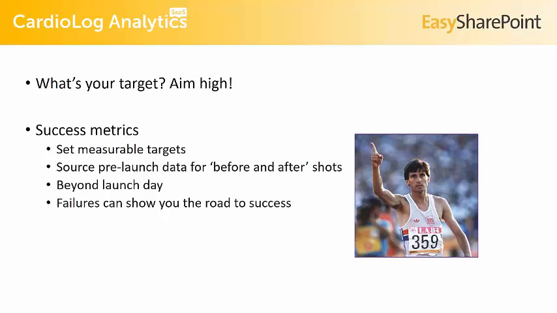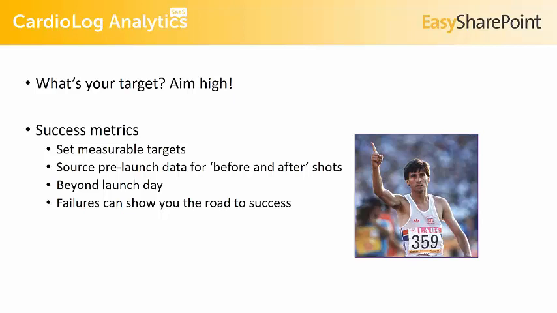So as long as you make sure that they're measurable, and a lot of the things that Marley's going to talk about later will show you how you can measure things, how you can pick something that you can tangibly measure. And it's important to say that even if you don't make your target, those failures can really show you the road to success.